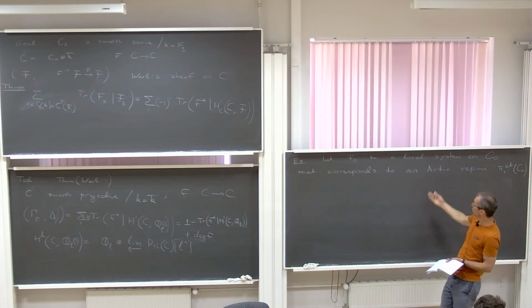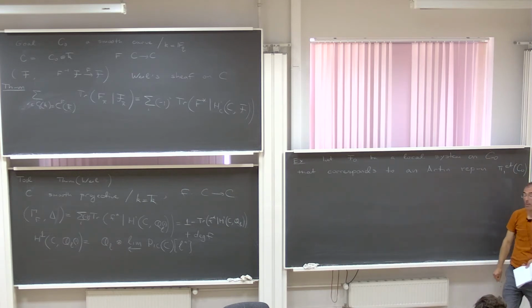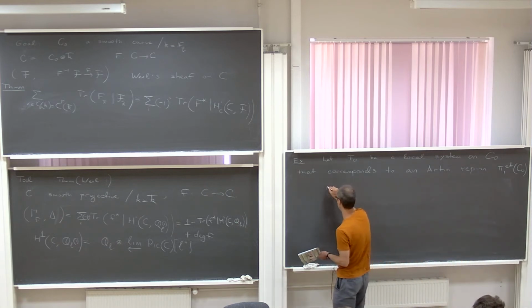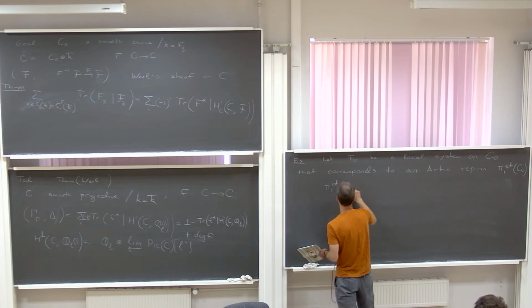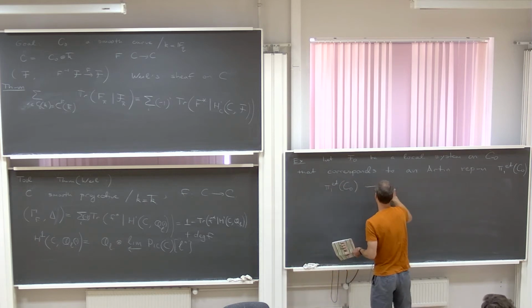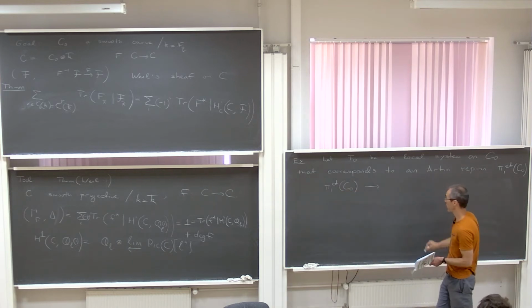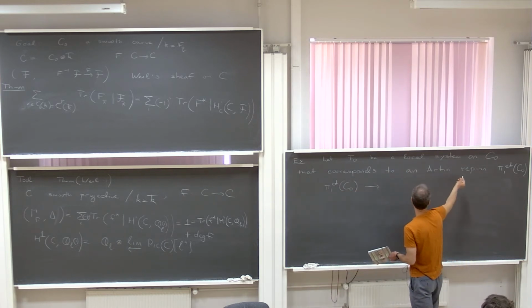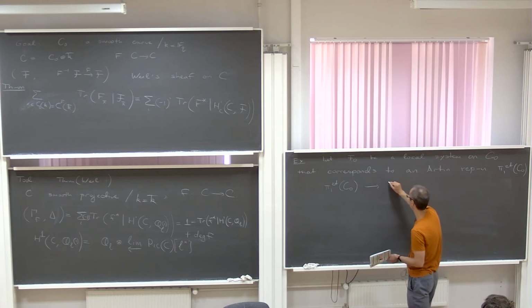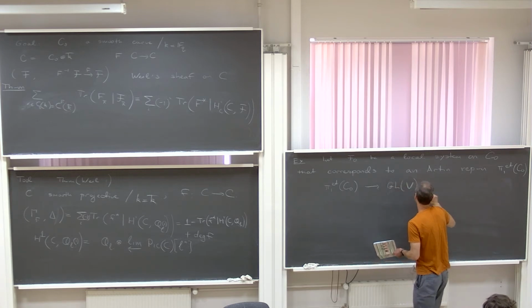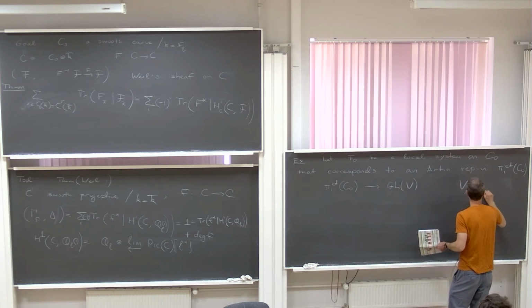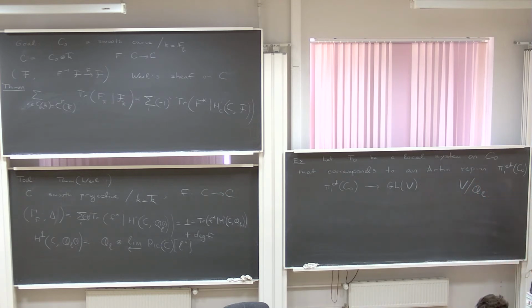So what does it mean? Local systems on a normal variety are in one-to-one correspondence with continuous representations of the étale fundamental group, continuous with respect to the profinite topology here and the L-adic topology. We look at the L-adic local systems. So we have some finite dimensional vector space V over Q_l, and this is a general linear group over this field.